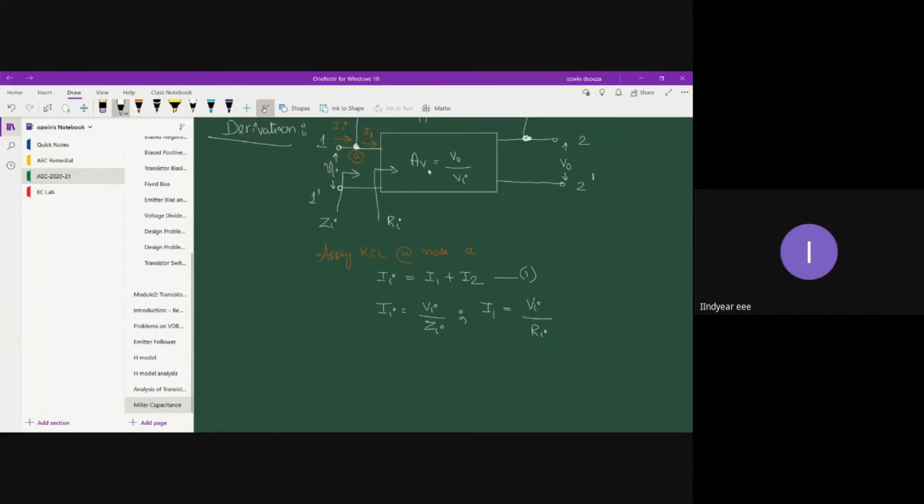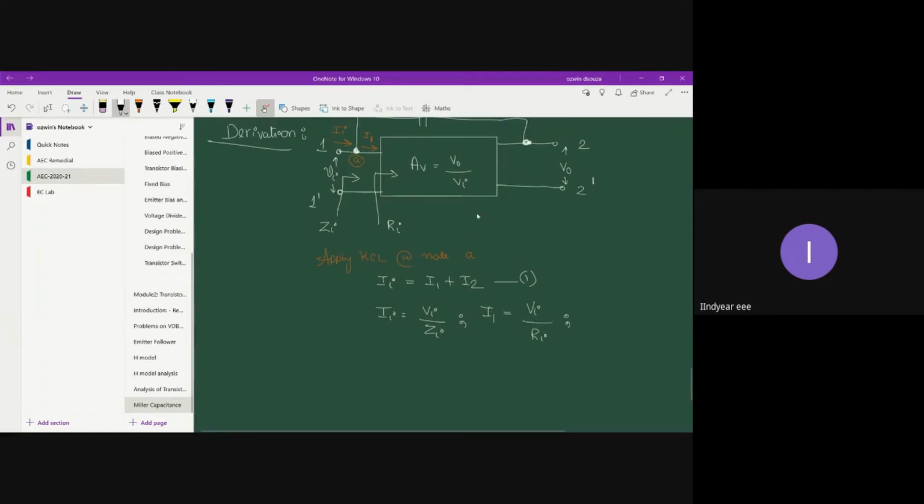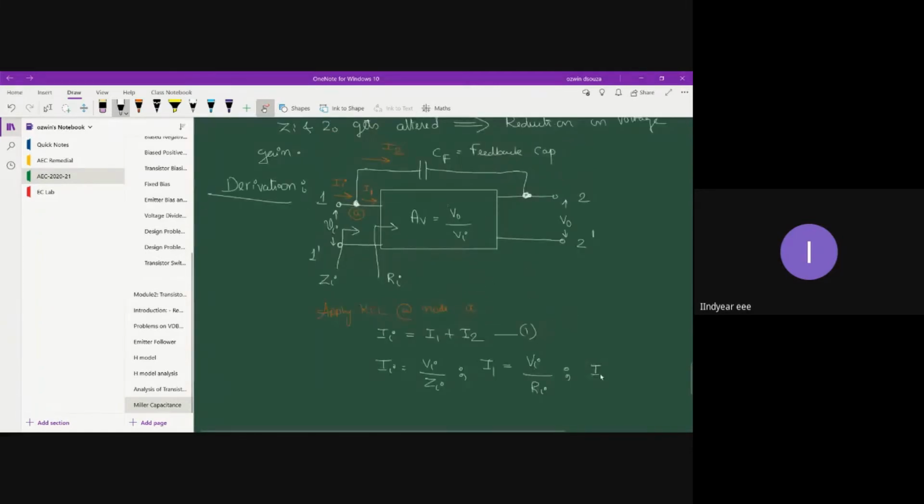Similarly, we can find an expression for I2 using nodal analysis, because I2 is under the influence of Vi as well as V0, where V0 is the output voltage.